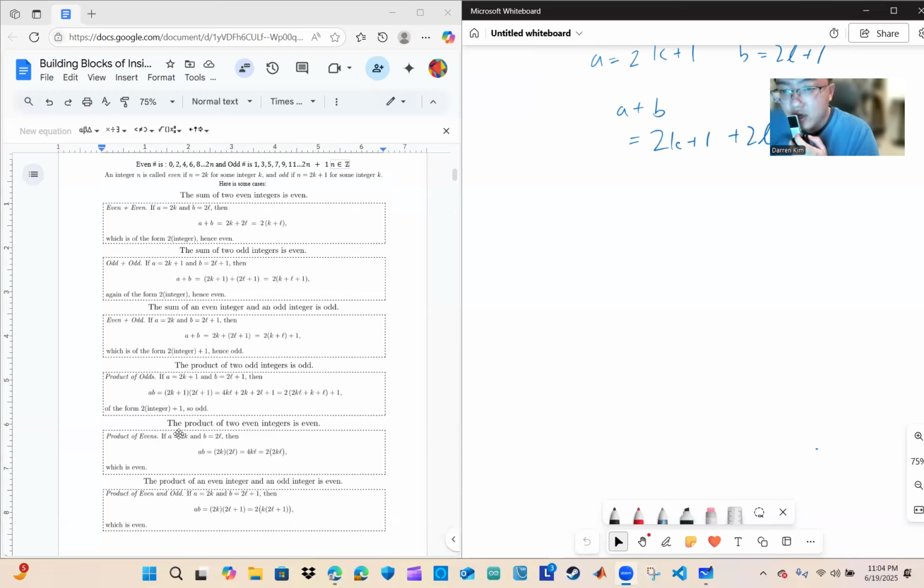So it's 2 parentheses k plus l plus 1, which can be simplified as, wait, this is even. And we can simplify that to even because 2 multiplied by 1 is 2. So odd plus odd is even, which makes sense. Think of 3 plus 1, that equals 4, and then so on and so on.